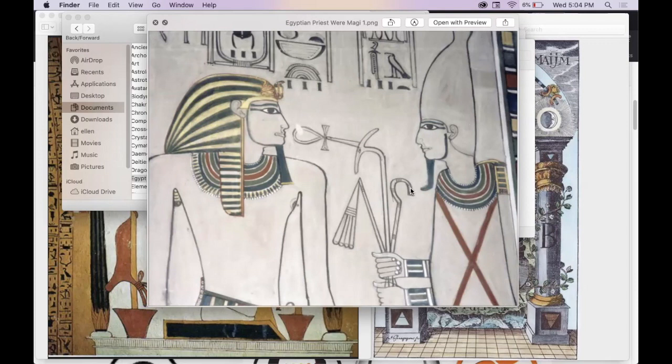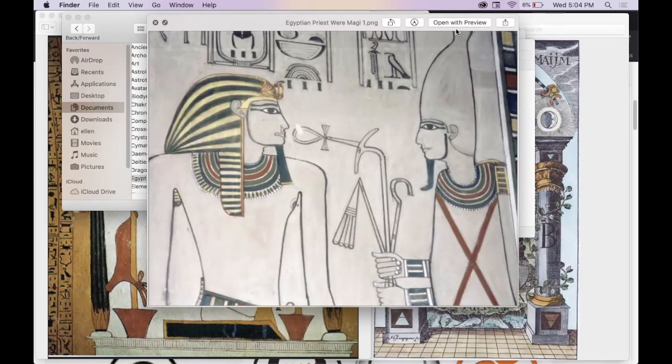But all of these have some meaning. And I believe if we keep looking in alchemy symbols, we will find the meaning of all of these. And even this staff shape, it seems familiar, but I can't recall right now. But again, he's initiating this pharaoh into the dark arts.